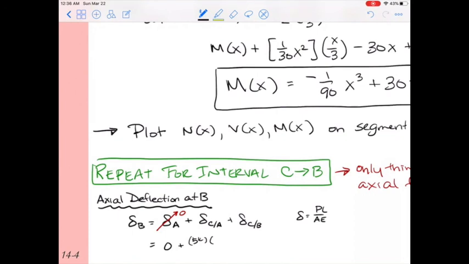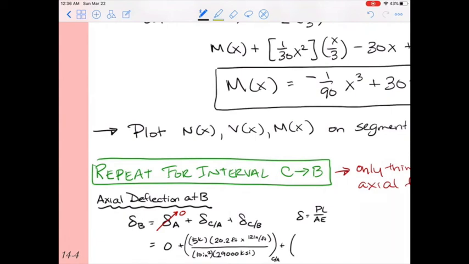So we have 5 kips times 20.2 feet. I'll put that into inches. And then divide that by the modulus of elasticity and the area. In this case, the problem gave them to us as 10 inches squared for the area, and then E of 29,000 KSI. And so this is basically all the stuff for segment AC.